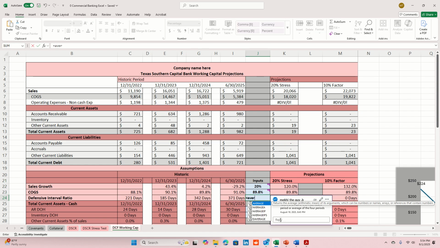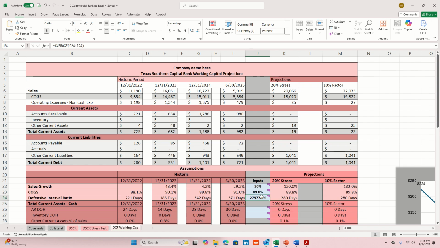So equals average, open parentheses. Let me change that. It's supposed to be days. So we have 280 days. So 280 days is less than 342 days.